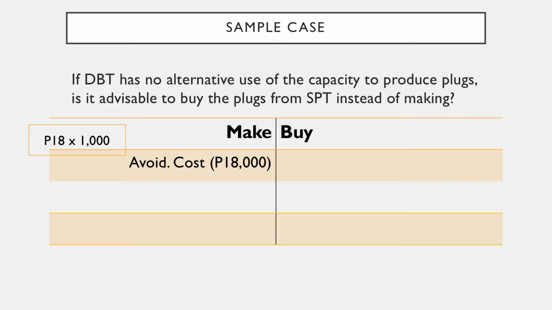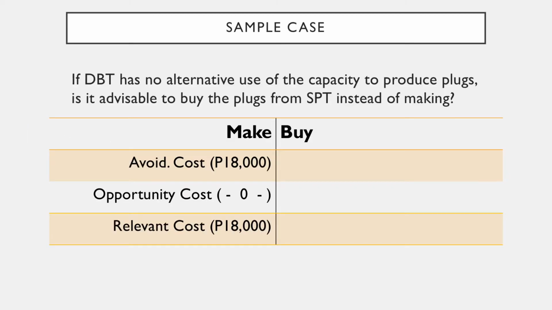The avoidable cost of making is 18,000 pesos. There is no alternative use of the capacity and hence no opportunity cost. The total relevant cost is 18,000 for the make option.